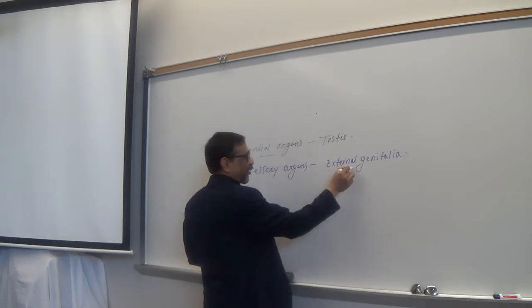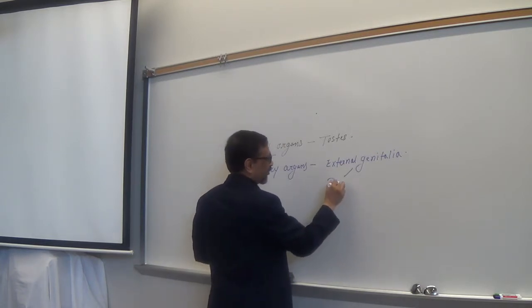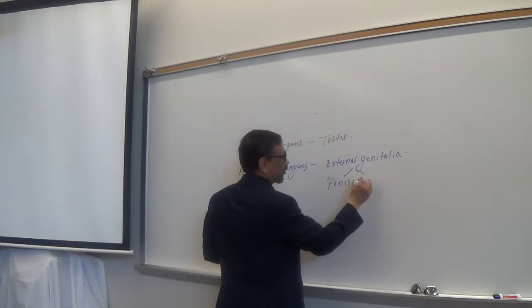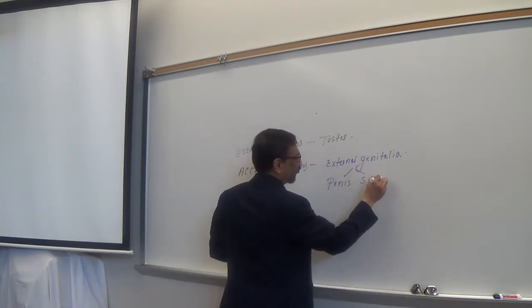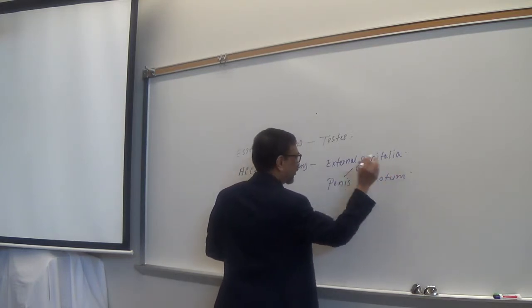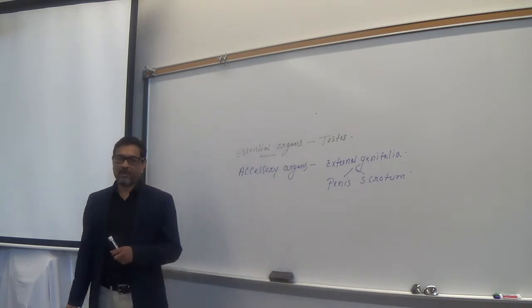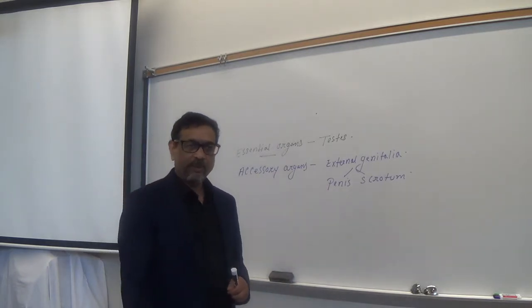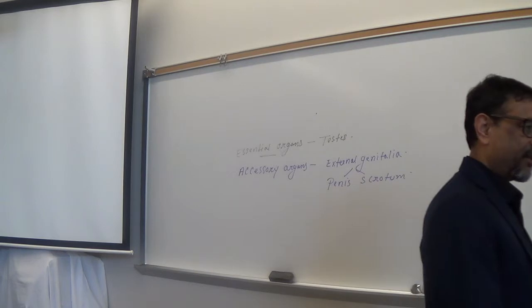External genitalia includes penis and scrotum. Okay, so these two structures belong to the male external genitalia.